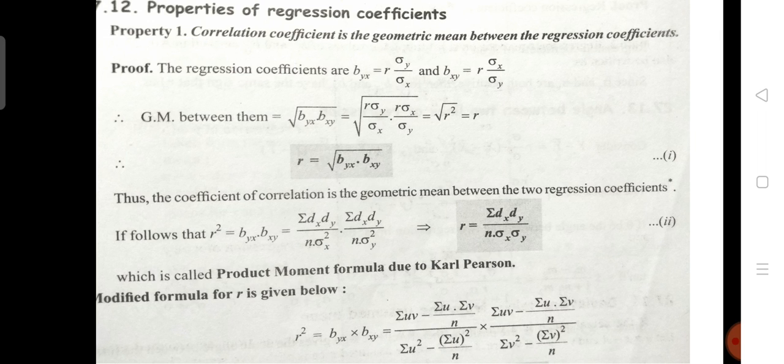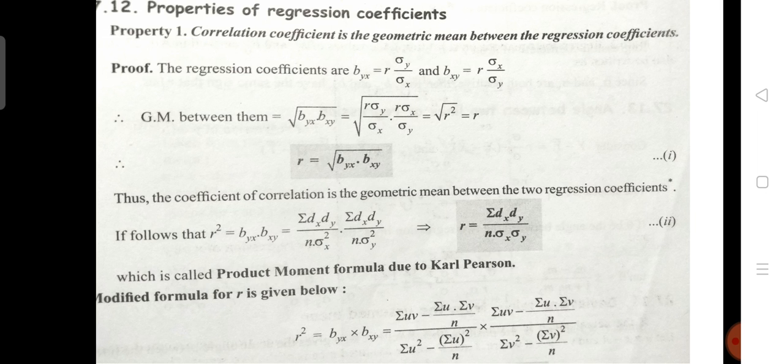So r is equal to sigma dx dy by n into sigma x into sigma y, which is the product moment formula due to Karl Pearson.